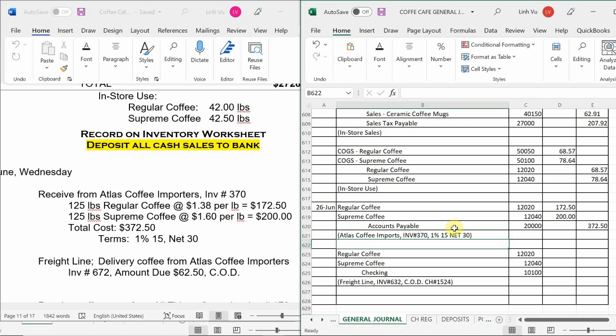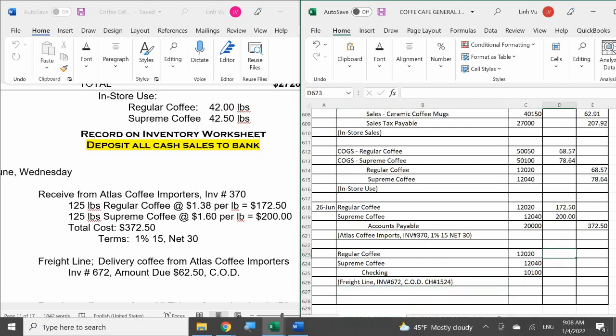You want to do the freight as well? Yeah. Okay. Invoice number 672. For how much? 31.25.